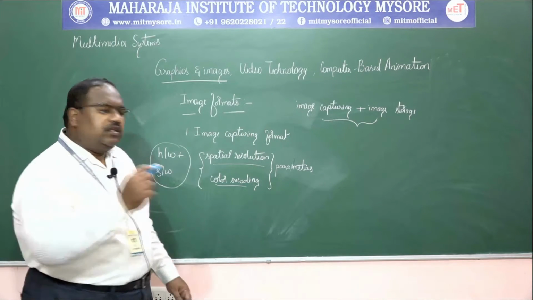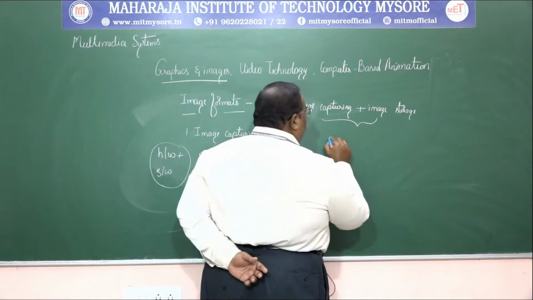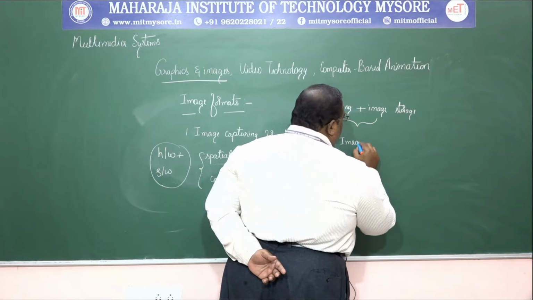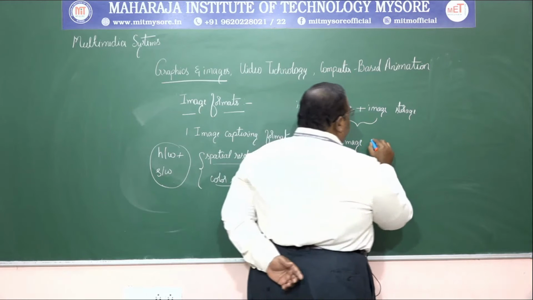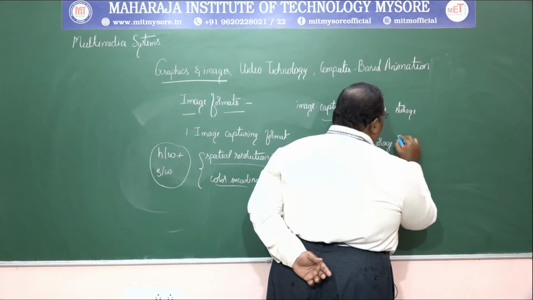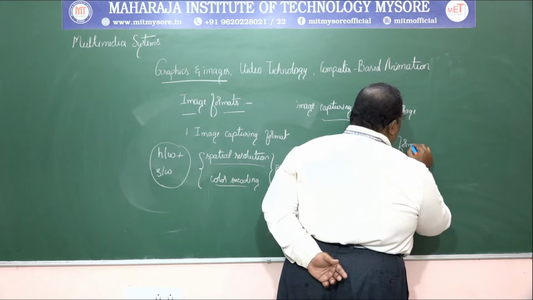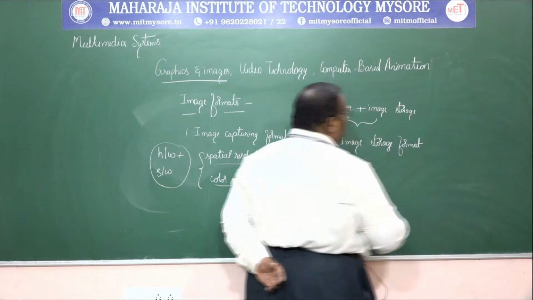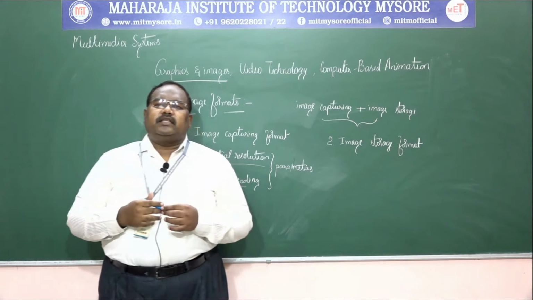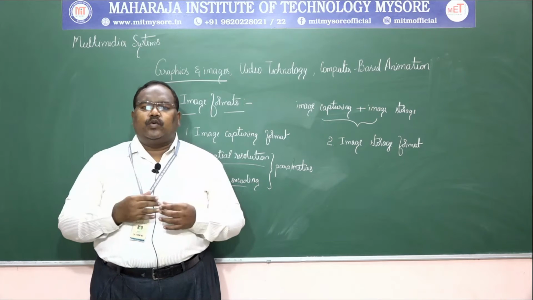Second one is the image storage format. When we talk about the image storage format, to store an image, the image is represented in a 2D matrix.